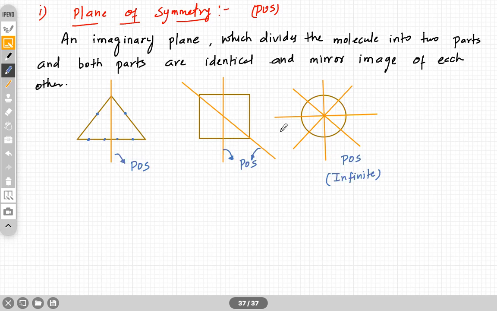So an imaginary plane which divides the molecule into two parts, and both parts are identical and mirror image of each other, is called a plane of symmetry.